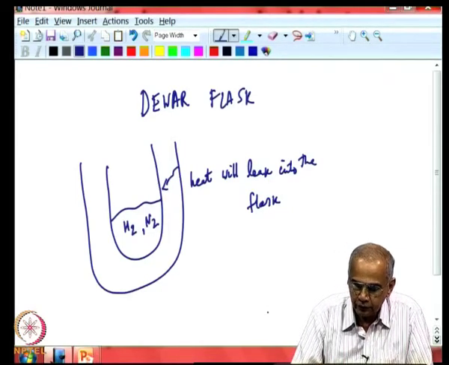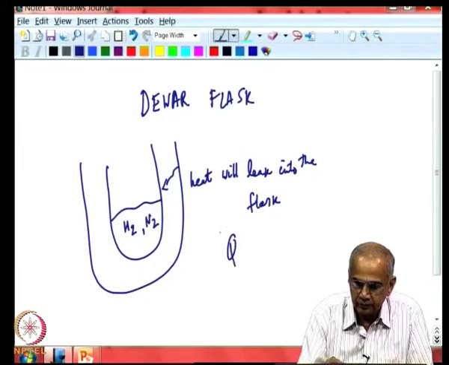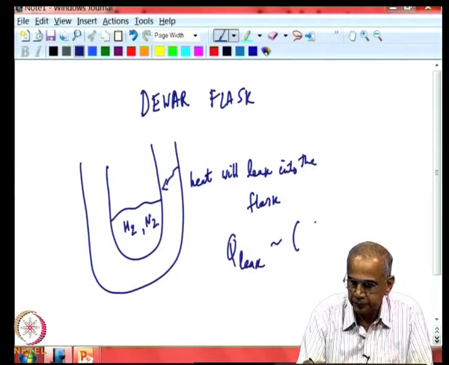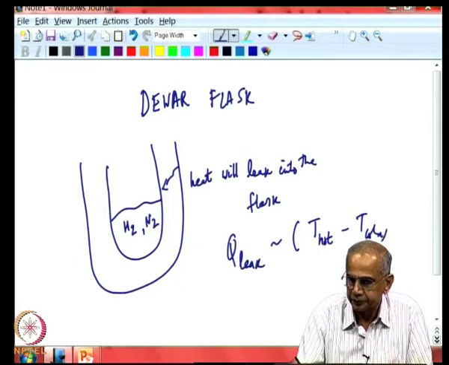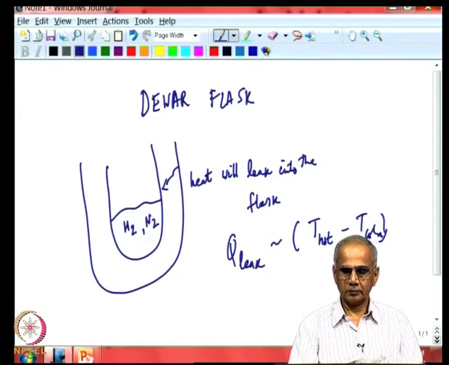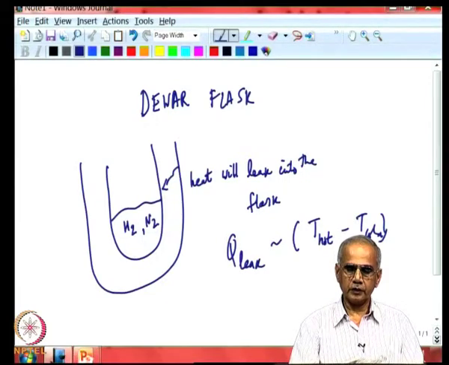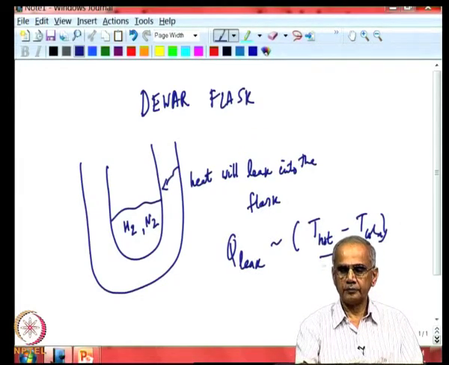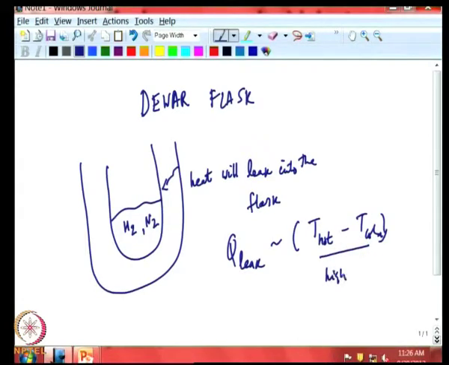Now, normally if you had looked at heat transfer literature, it is generally believed that heat leakage in this case will be proportional to the difference between the hot temperature and the cold temperature. So, this is the well known Newtonian cooling law, which says that the heat transfer from a hot surface to cold surface is essentially proportional to the temperature difference. So, if this is high, then you will expect the heat leakage to be high, and vice versa.